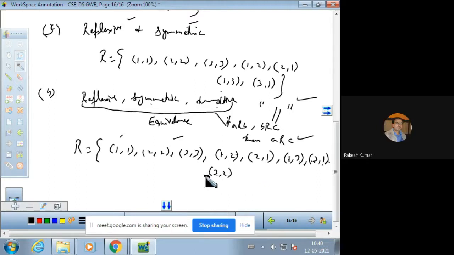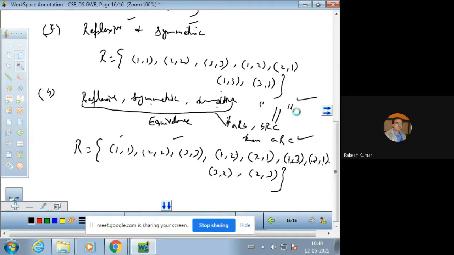So in this way we can make the relation a transitive relation. Also (2, 1) is there, (1, 3) is there, so (2, 3) should be in the set of relations. So this makes the transitive property satisfied. I think nothing is left except it. So this is an equivalence relation.